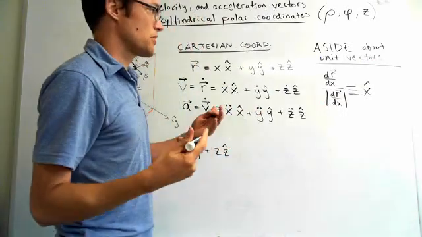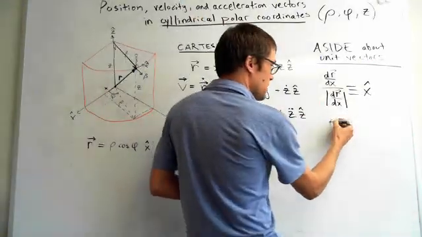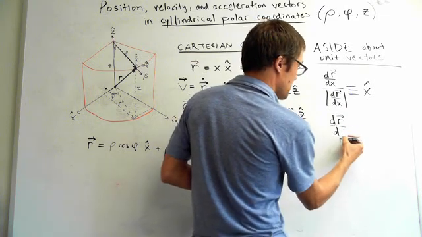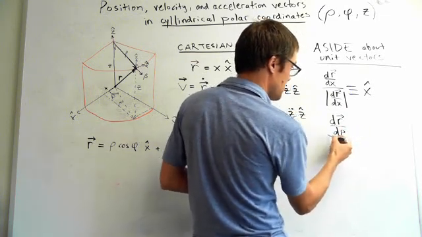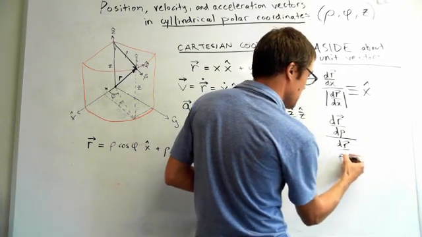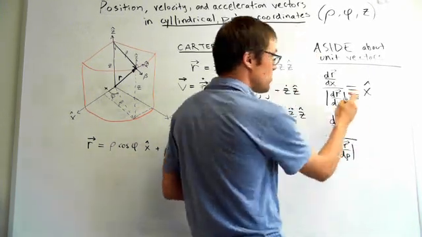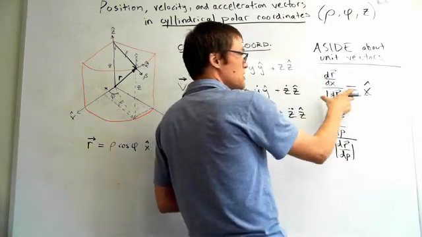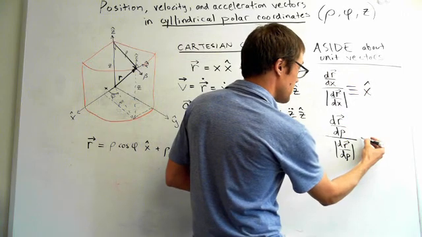Okay? And in general, you can do this. So if you want to know the unit vector in the rho hat direction, you take that change and divide it by its magnitude. Right? It's always a magnitude 1 thing. If you divide the vector by its own magnitude, it's always going to have unit length.